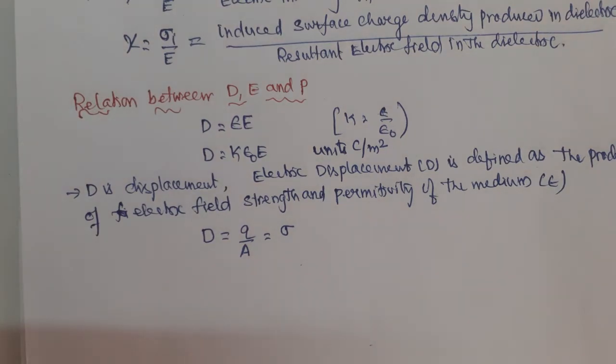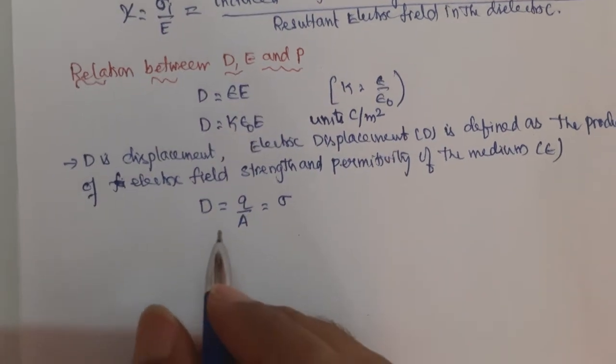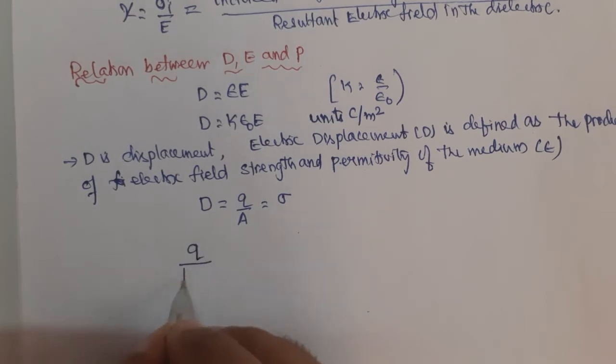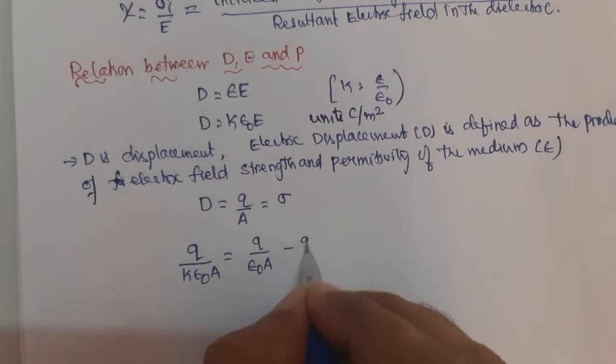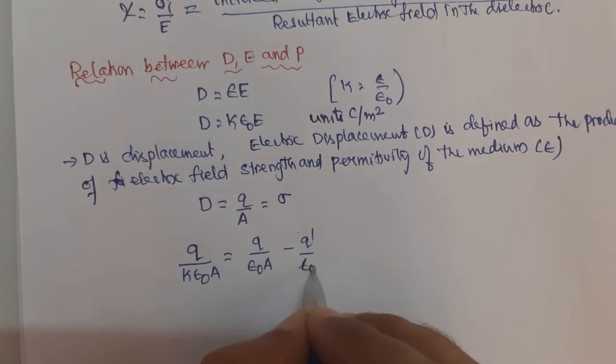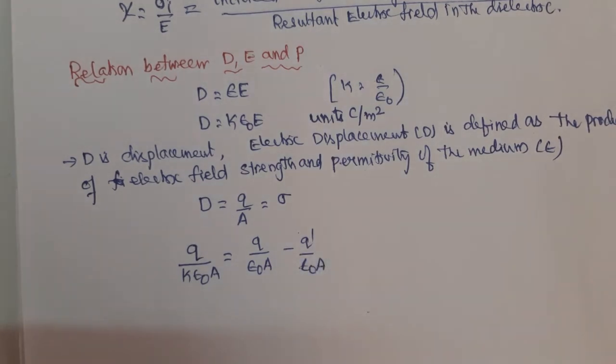The relation between D, E and P. To derive a relation between D, E and P, you should consider the equation Q by K epsilon naught A is equal to Q by epsilon naught A minus Q dash by epsilon naught A. Now a dielectric slab is placed between the plates of a parallel plate capacitor.